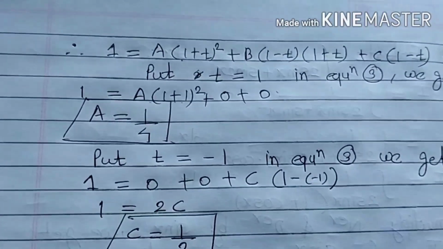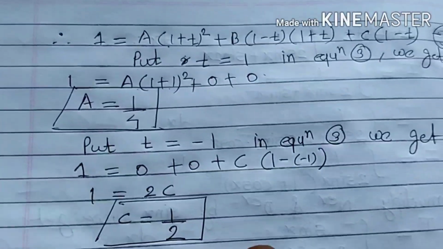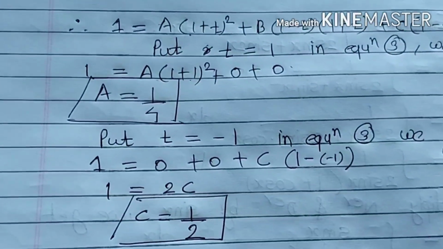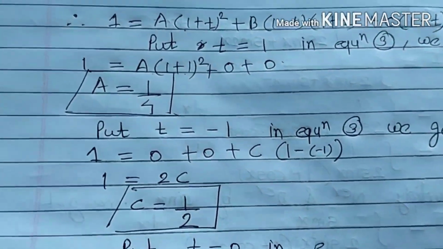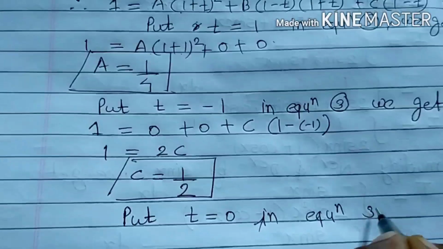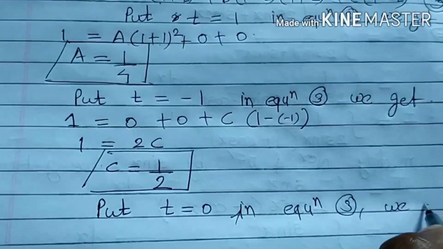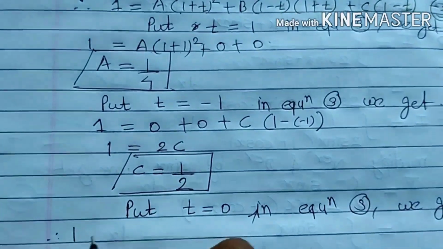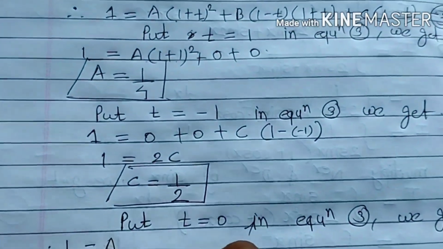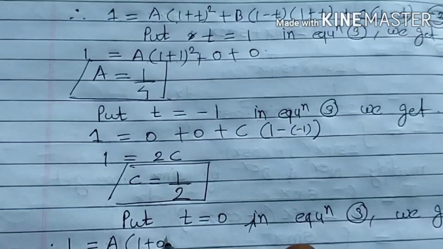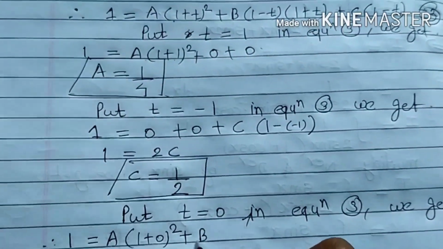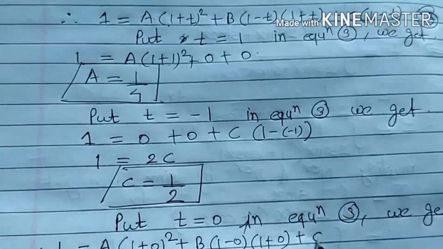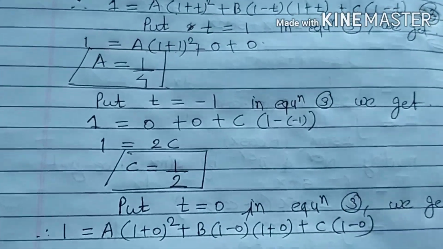Now put t equal to 0 in equation 3. We get 1 is equal to a into (1 plus 0) square plus b into (1 minus 0)(1 plus 0) plus c into (1 minus 0).